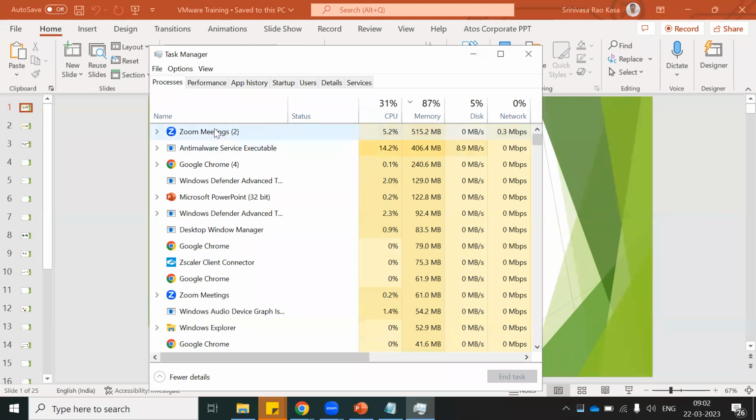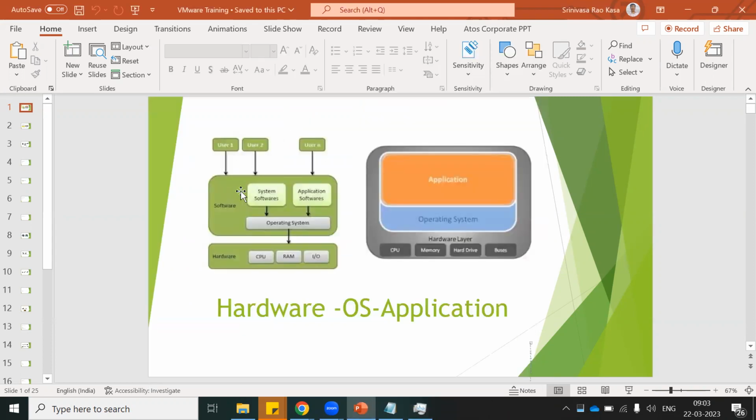If you see, this Zoom meeting is consuming this much CPU resource, this much memory, and this much disk space, along with throughput, IO operations, and network operations. So each application is going to use resources based on the user interaction.